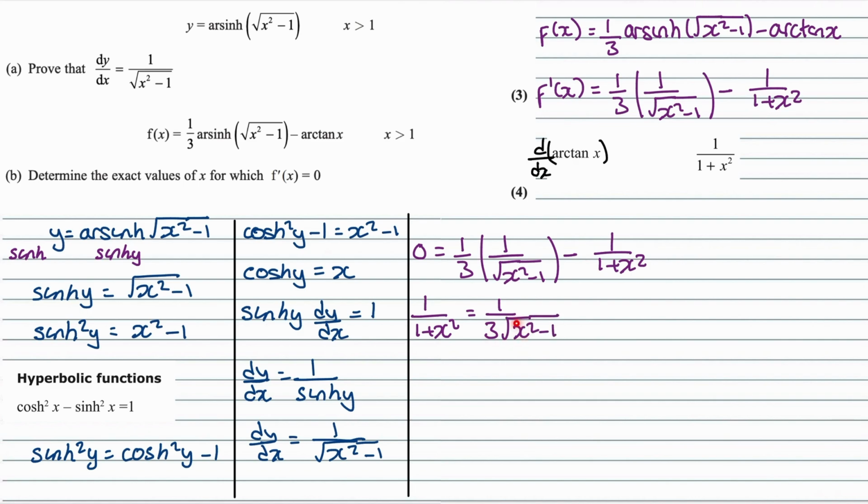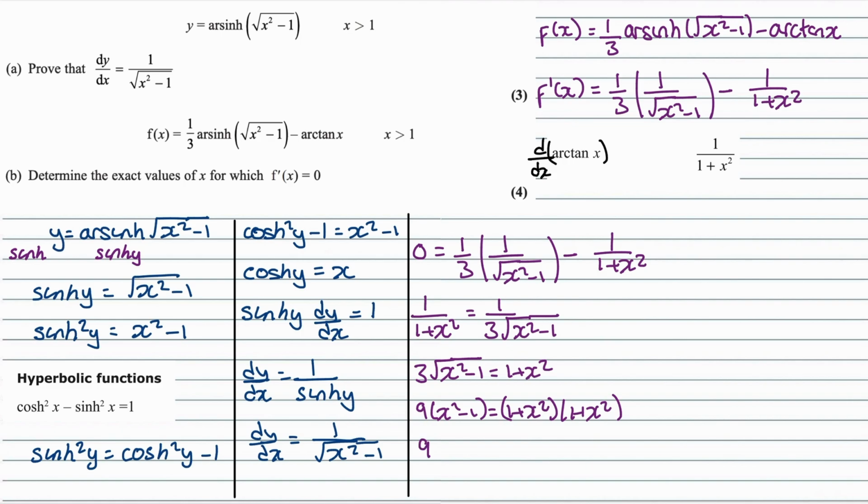Now we just need to move this denominator to the left-hand side and this one to the right-hand side. And to find the exact values of x, we need to cancel out this square root, so we need to square both sides. So we'll get 9 lots of x squared minus 1 will equal 1 plus x squared multiplied by itself.